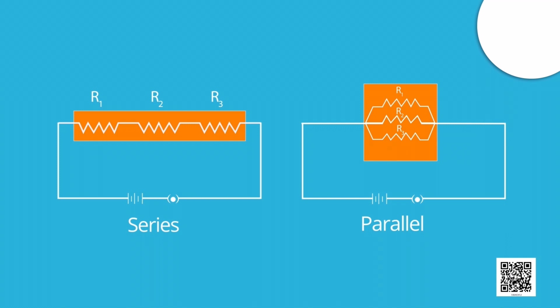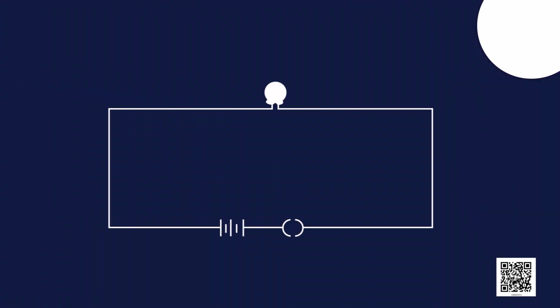Let us try to understand each case with the help of an activity using electric circuits. For this, connect an electric bulb in an electric circuit. This bulb will behave as a resistor. Plug the key to complete the circuit.